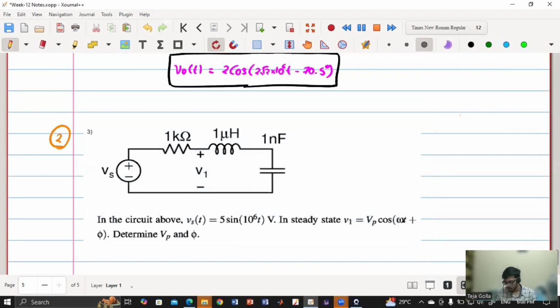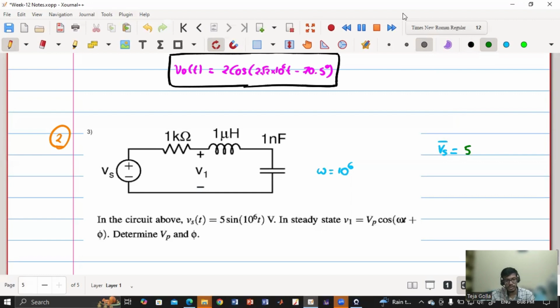What is omega in this circuit? 10 to the power 6. Now, what is Vs phasor? 5 angle 0. Are you sure?